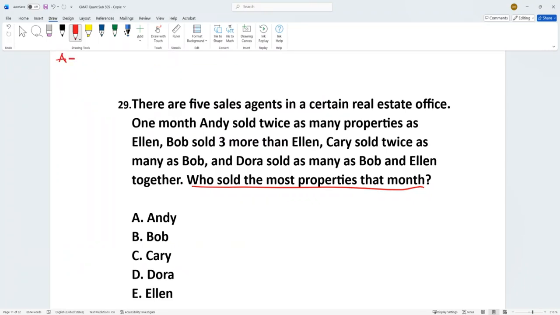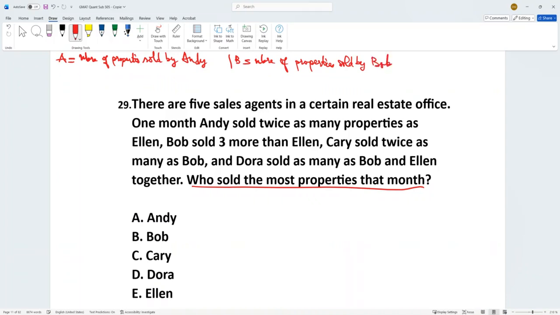So we can say A is actually the number of properties sold by Andy. Simply put like that. B is equal to the number of properties sold by Bob.